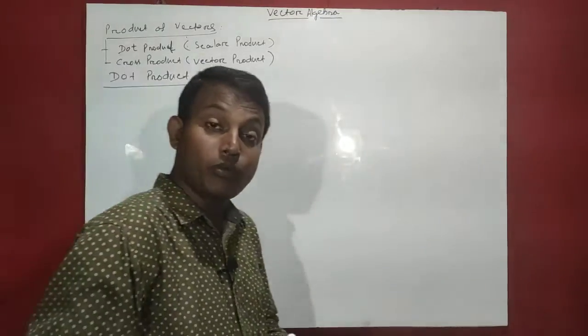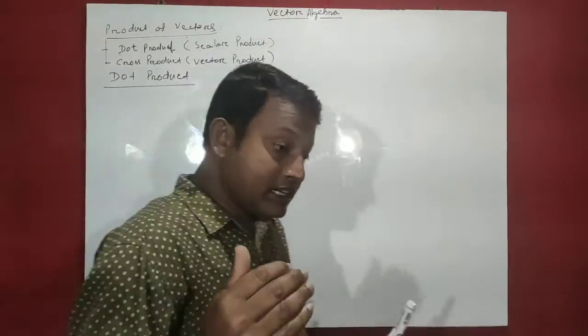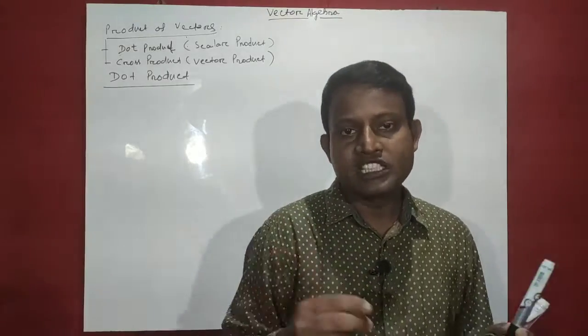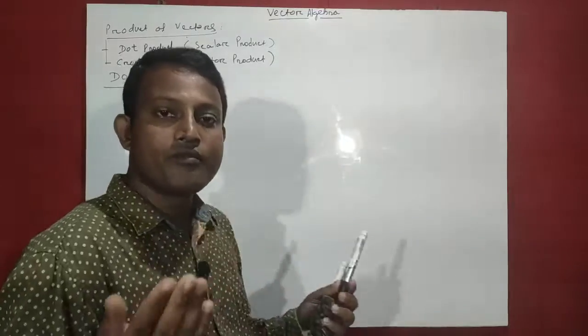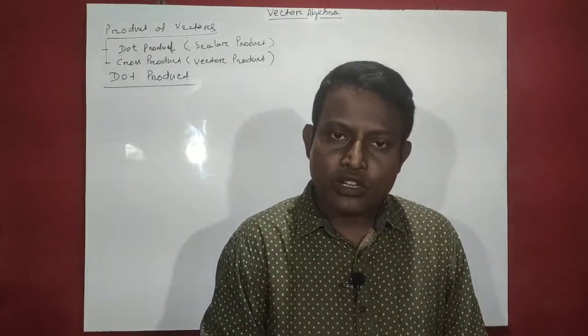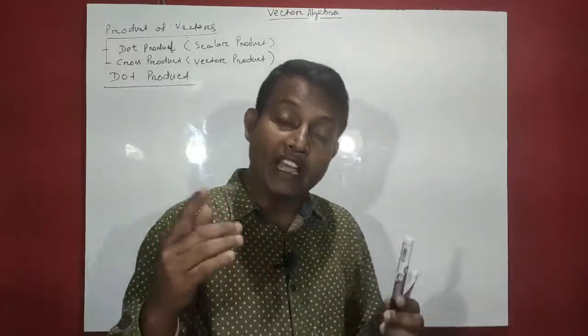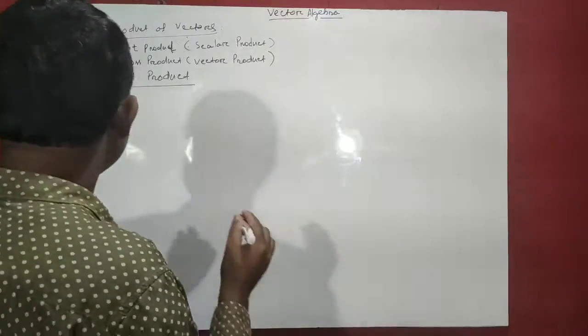What is the definition of dot product? The dot product of two vectors is defined as the multiplication of their magnitudes with the cosine of the angle between the two vectors.